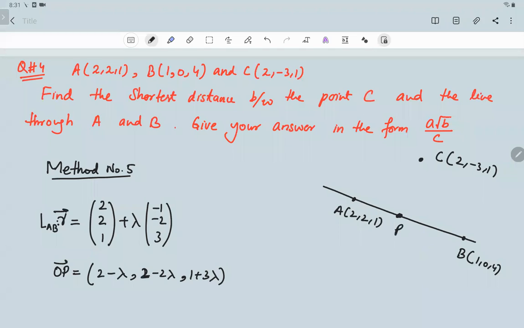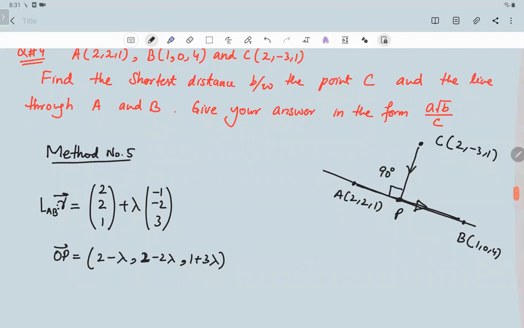I calculate the vector PC or CP. We can use either. We take the dot product of CP with AB and equate it to 0, because we want the position of P right in front of C, where angle CPB or CPA is 90 degrees.